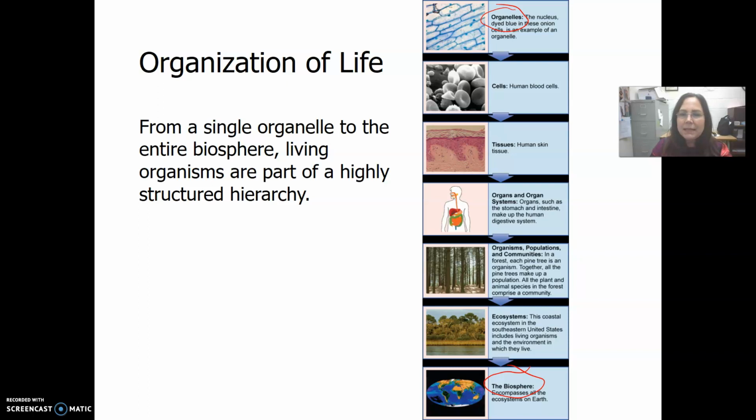So the population is all the members of a single species that live in a particular area. Community would be all of the living things in a particular habitat, and then the ecosystem would be the community plus the habitat. It would be the biotic part and the abiotic part. And then the biosphere is all of the ecosystems on the entire Earth.